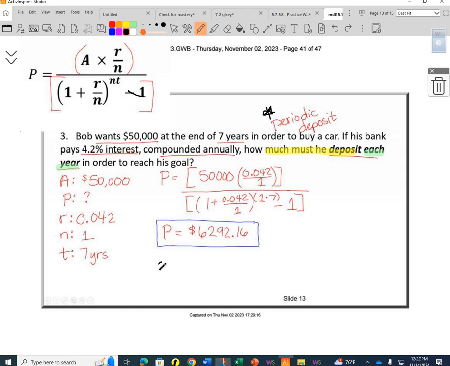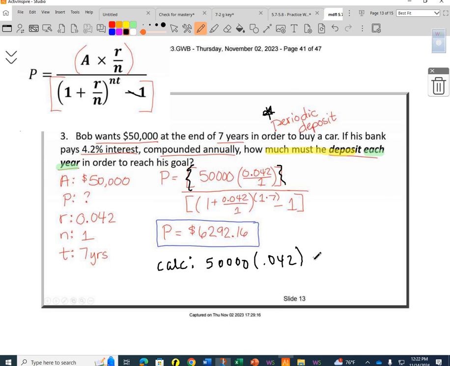So on your calculator, you don't need these parentheses here, I will tell you. These are not necessary. You can put them if you want. 50,000, left parentheses, 0.042. If this were some other number, I'd divide here, but it's 1, so I'm not.